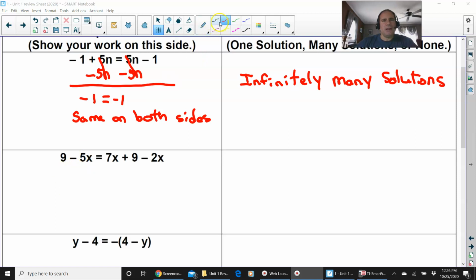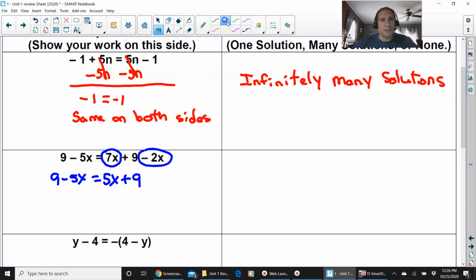All right, take a look at the second problem. 9 minus 5x. Remember what I said. There's nothing to do there, right? But on the right side, there's a lot to do. Not a lot, but you have to combine like terms. So this is 9 minus 5x equals 7x minus 2x is 5x plus 9.